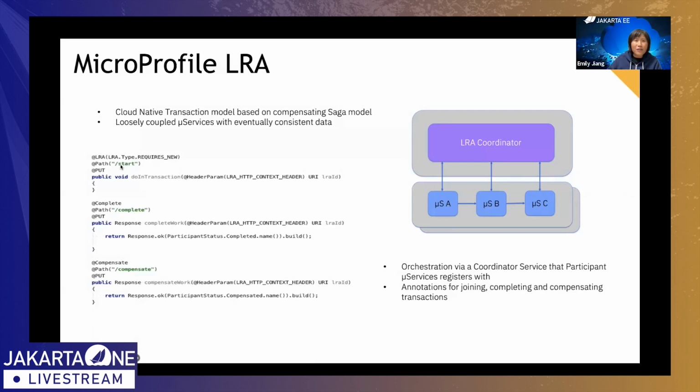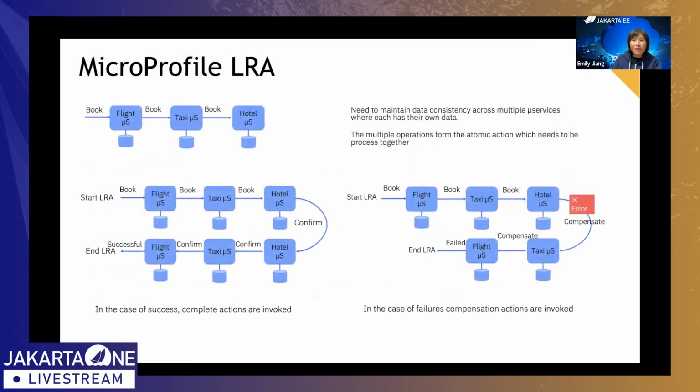If you annotate a method with LRA, it will register with the coordinator. If something works, it will call complete. If something does not work, it will call compensate. So this is eventual consistency: it will commit all the time, and if something goes wrong, then undo it. So this is how LRA works.